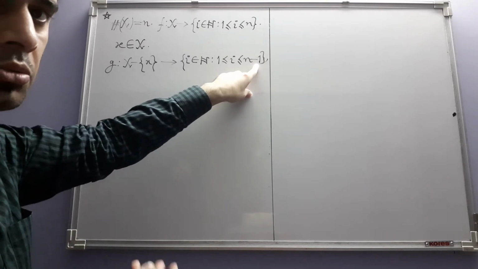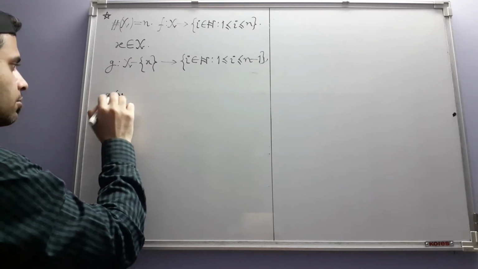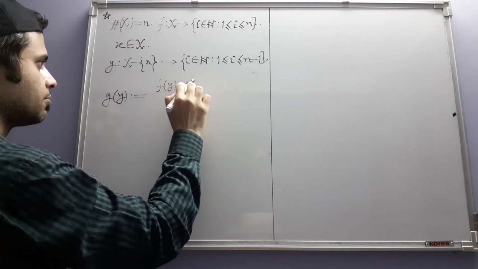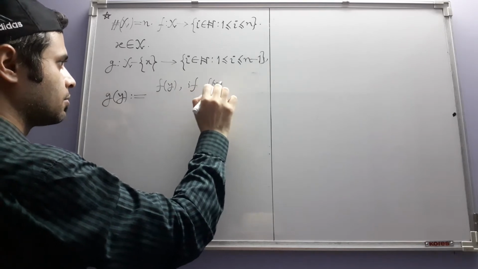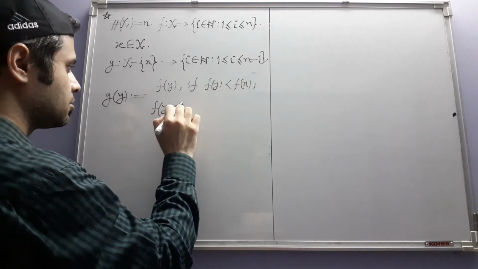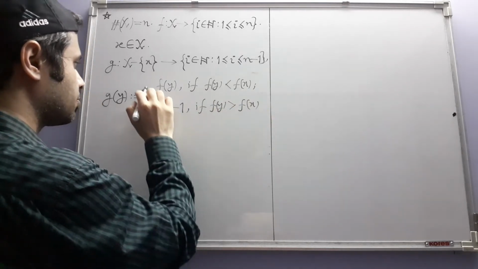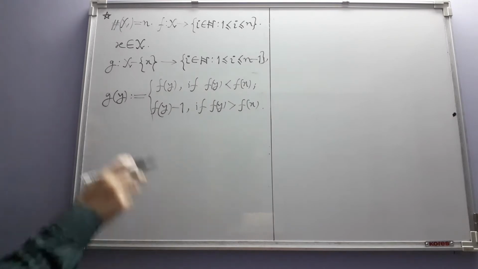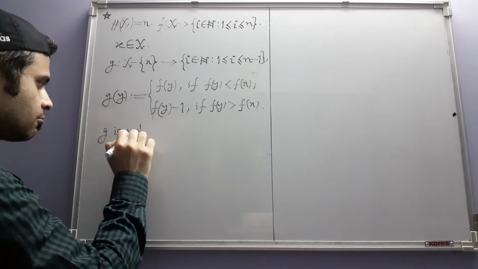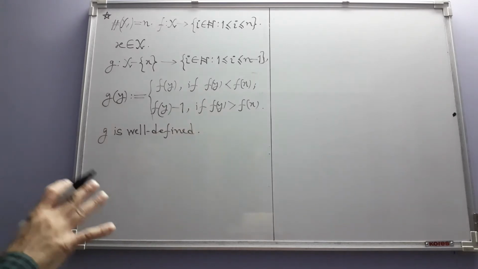It's a natural number whose successor is n, and the function had this definition: g of y is defined to be equal to f of y if f of y is less than f of x, and its definition is f of y minus 1 if f of y is greater than f of x. We then proved that g is well defined.